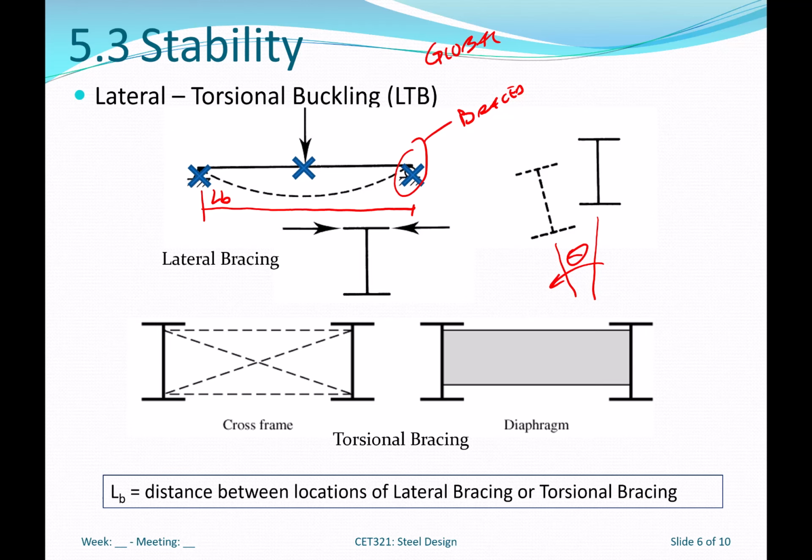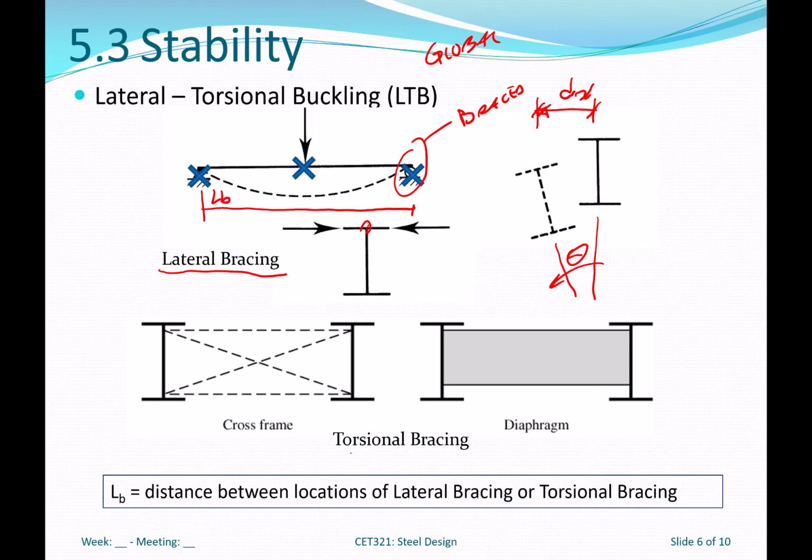We could attach metal deck to the top flange, the compression flange, and that will change the bracing conditions. But that bracing does two things. It prevents lateral movement, so there's my delta X, so to speak, a lateral displacement to the left. This type of bracing is referred to as lateral bracing, so it prevents this flange from moving left to right.